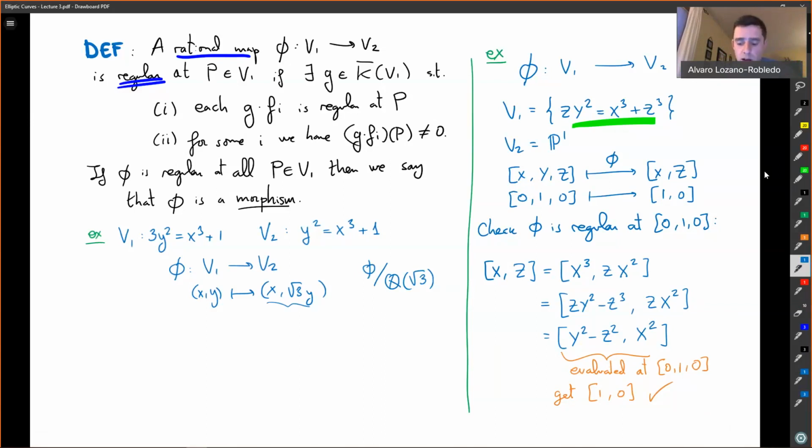And there is also an inverse. There is clearly an inverse function that goes the other way, and when that happens, we say that the two varieties are isomorphic. So let me write that down.